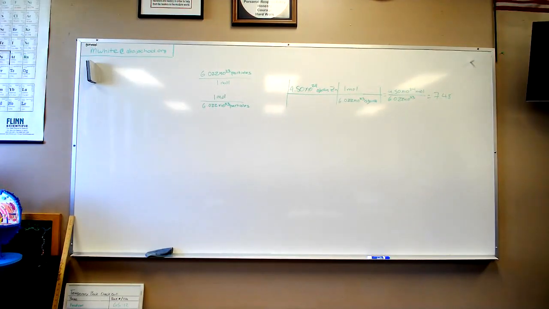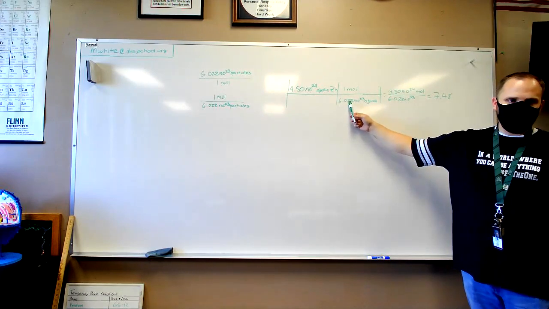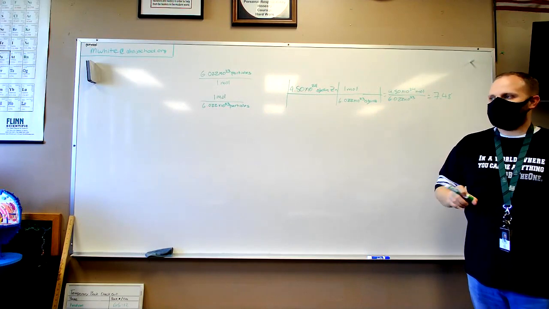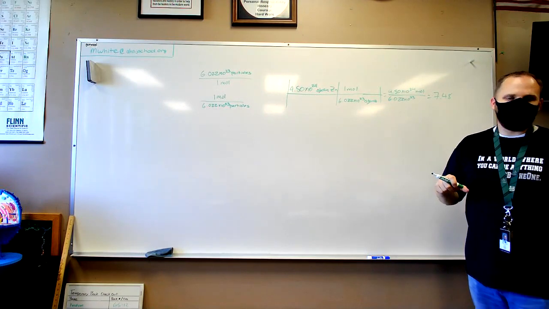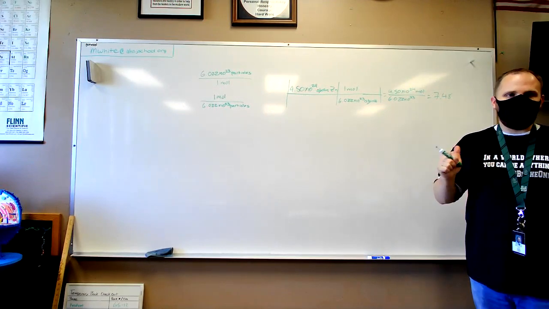So, on homework and tests and things, I understand some people will use 6.022, and others will use just 6.02. The number's close enough that I can tell that you did it right. So, that being said, it's always a good idea to show your work because then I can really know for sure.